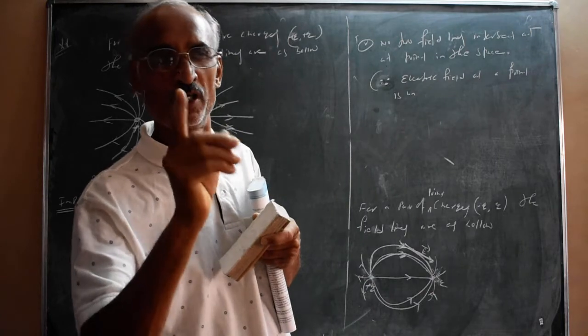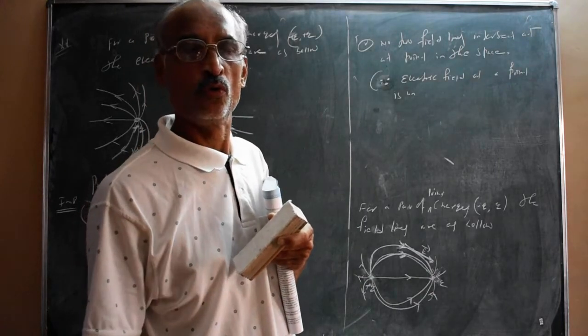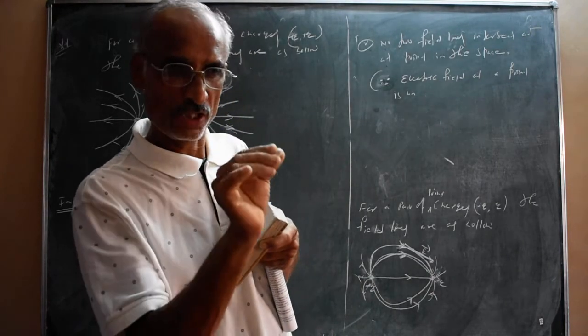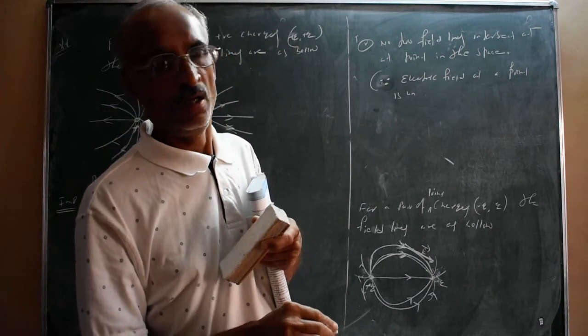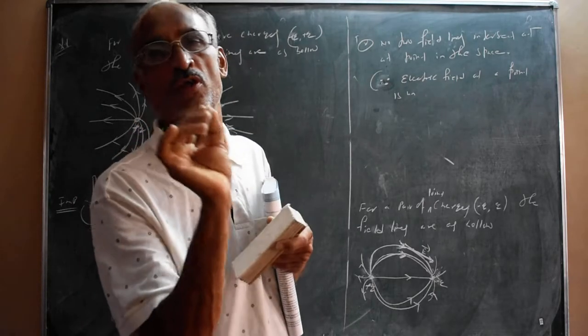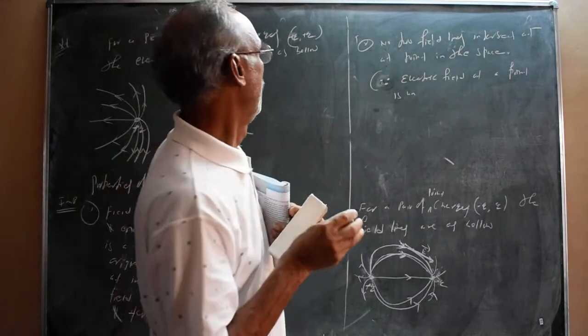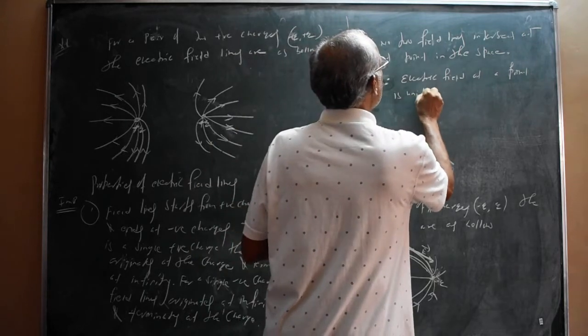A vector quantity at a point has a single direction. Electric field at a point is in one particular direction. At a point, two directions are not possible for a vector.